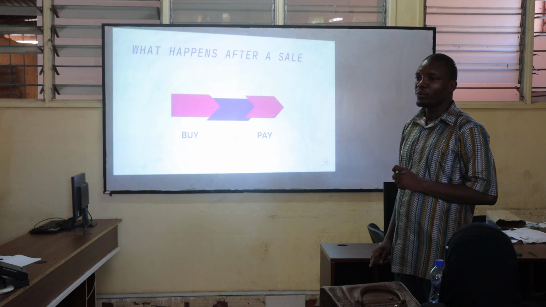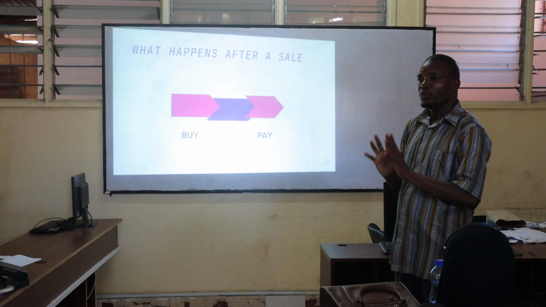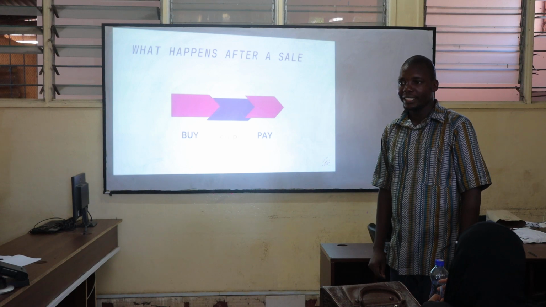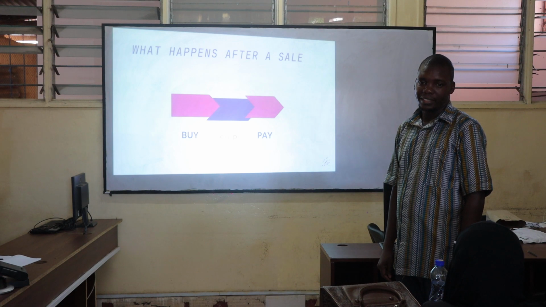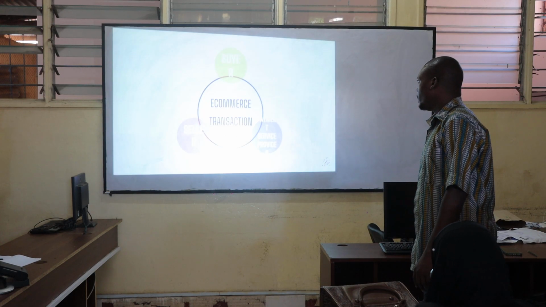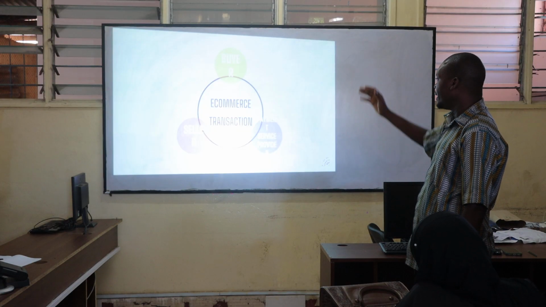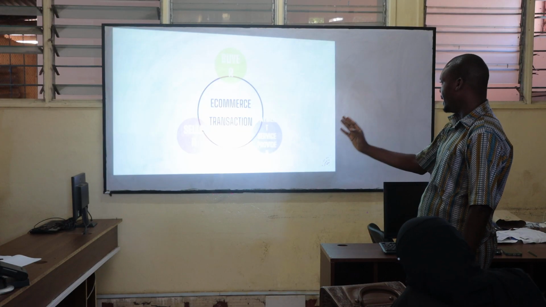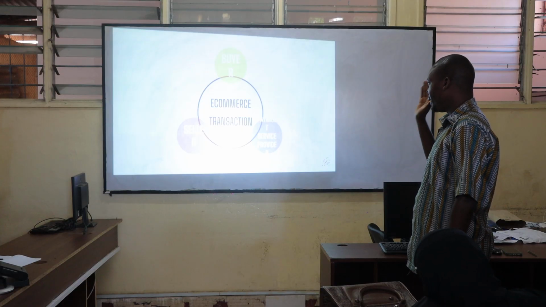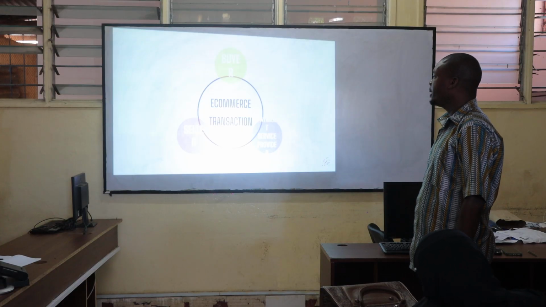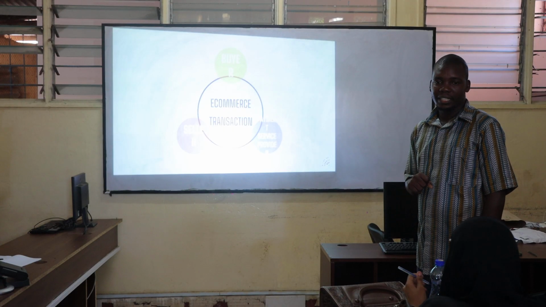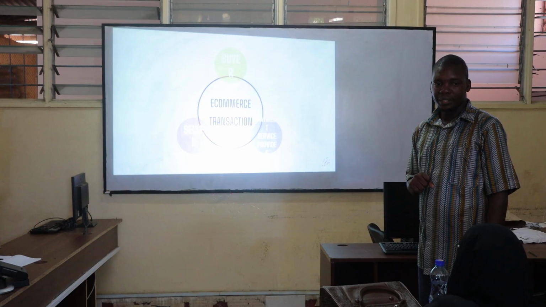That is the shipping process. After it comes and you verify that this is the product you needed, then the payment is made. So here we have the buyer and the seller, but in between there is a payment service provider. That is called an e-commerce transaction. You get the point?